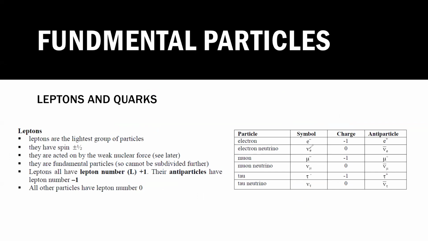So as you can see, the symbols are written here for electron, muon, tau, antiparticle, positron.